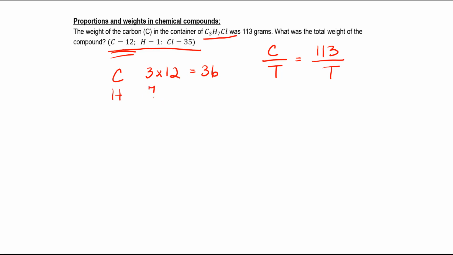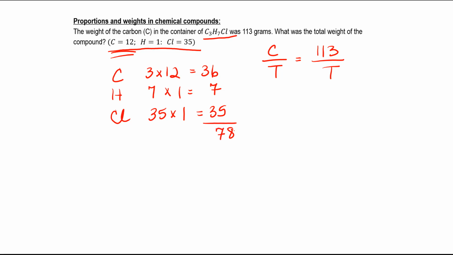So that's going to be 7 times the weight of hydrogen, which is 1. And that'll be 7. And then we have 1 atom of chlorine. And that weighs 35. So that's going to be 35 times 1, which is 35. So the total atomic weight of the molecule is going to be 78.